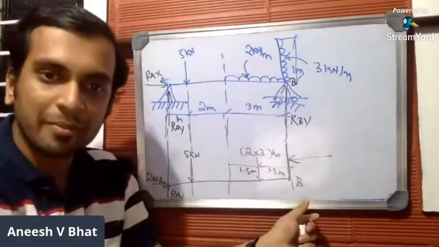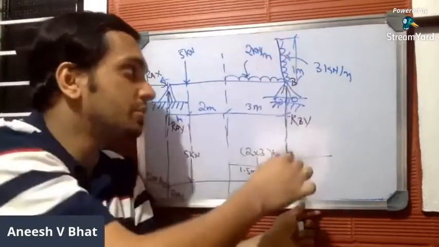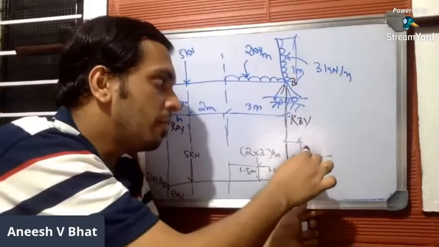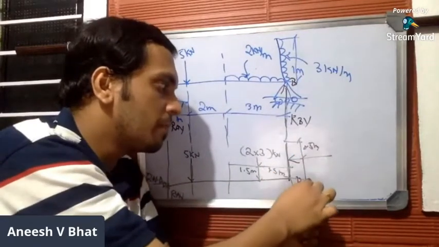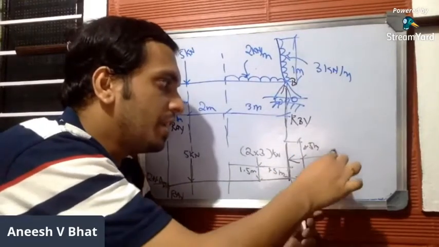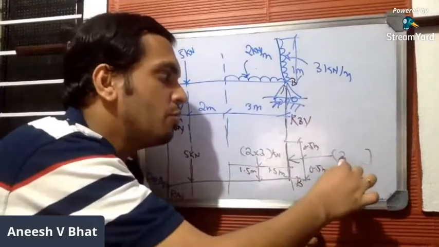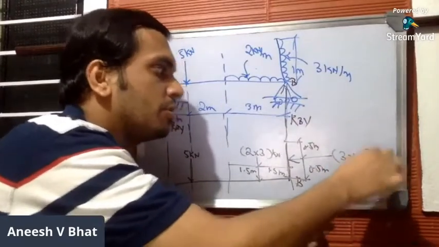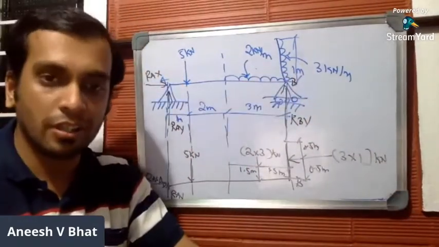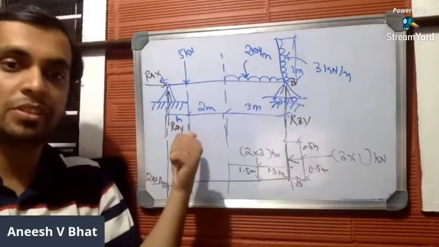It acts exactly at the center, so for 1 meter it is 0.5 meters and 0.5 meters. The magnitude will be 3 into 1 kilonewton. This is the point load drawing for this problem.